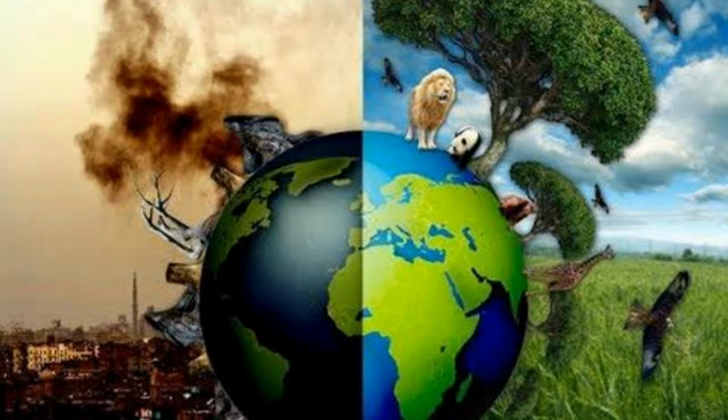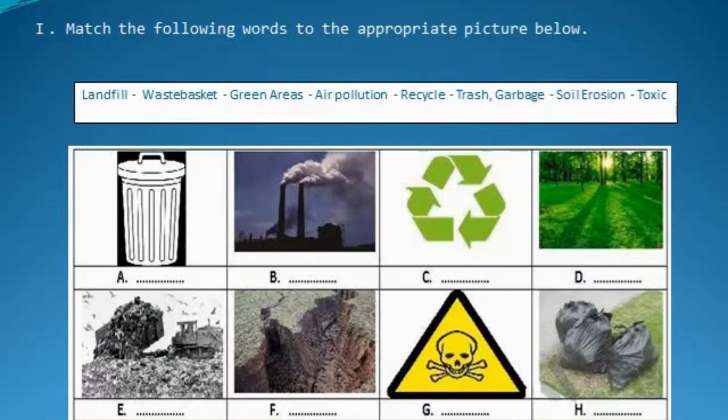Before talking about this issue, which is pollution and climate change, etc., let's look at some vocabulary related to this unit. You have a list of words that we are going to match with these pictures. You have landfill.